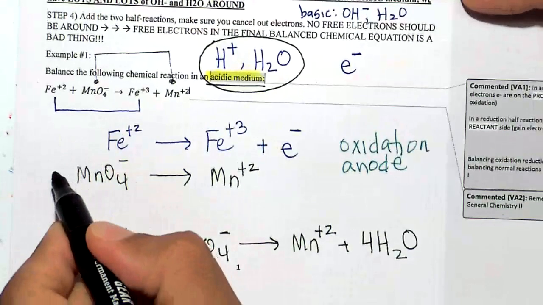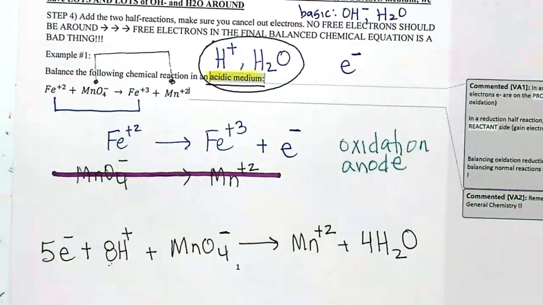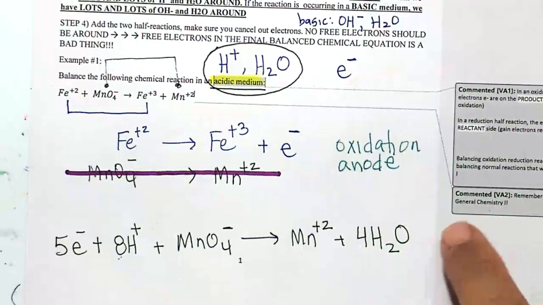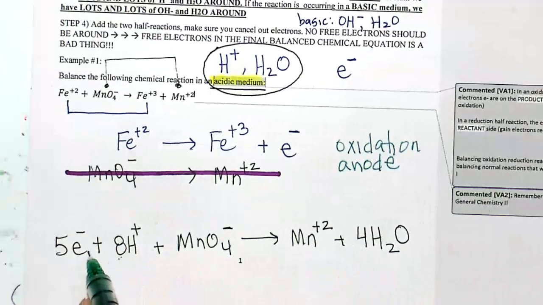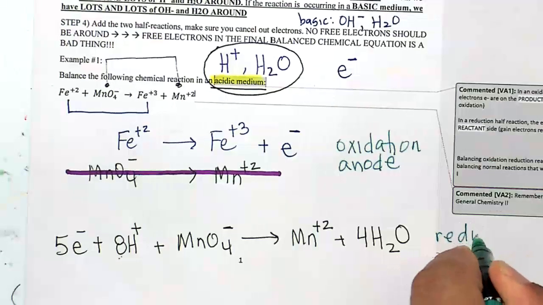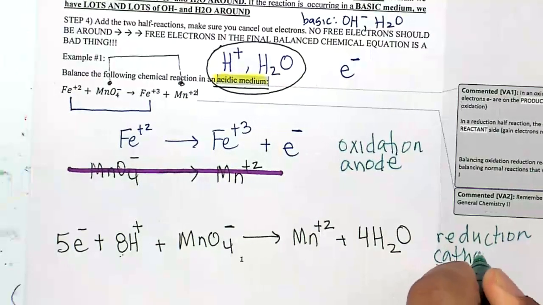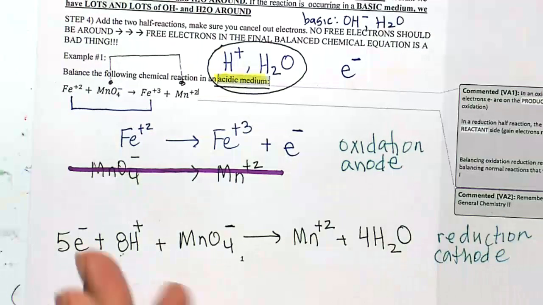All right, this is reduction, and this is where the cathode happens. Here we're gaining 5 electrons, MnO4 minus to become Mn plus 2. So this is a reduction, and reduction occurs where? At the cathode.